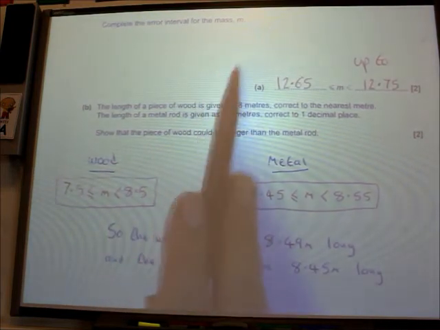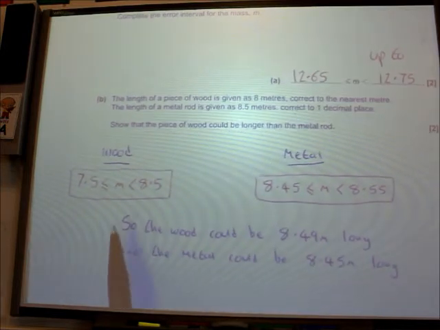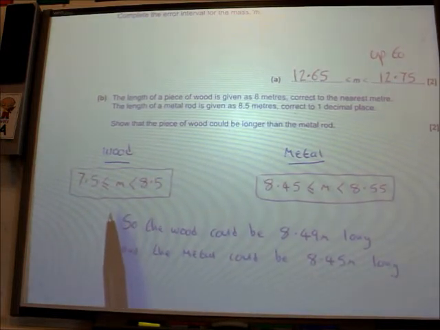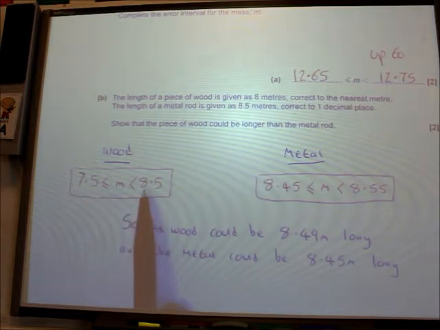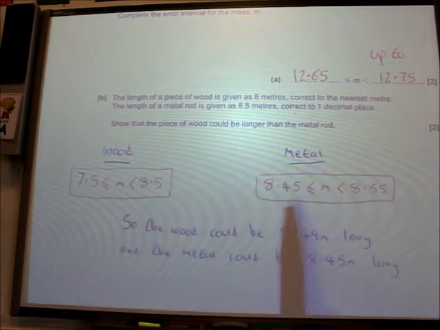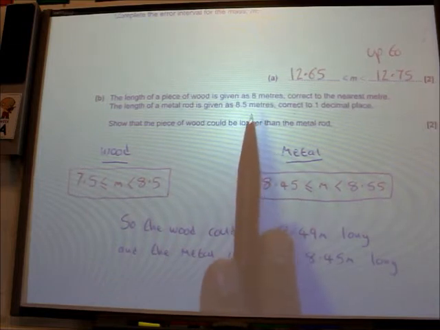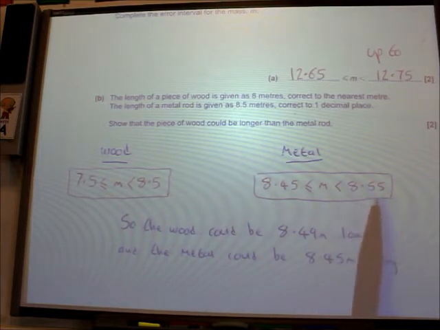So what you've got to do is basically what you've done above, look. So they've actually set you up for this question here. So the wood, because it's 8 metres, correct to the nearest metre, could be as low as 7.5, but also it could be up to 8.5. So that's my bit of wood. The metal could be as low as 8.45, because that rounds up to 8.5, or it could be up to 8.55.